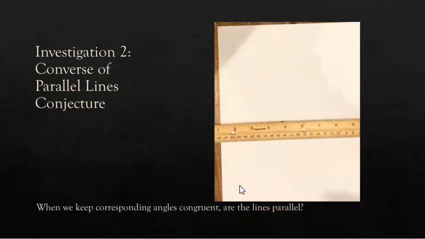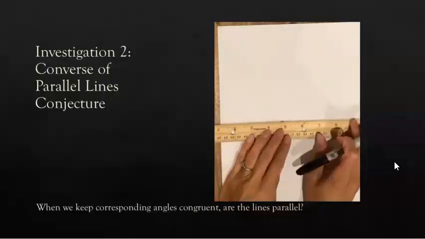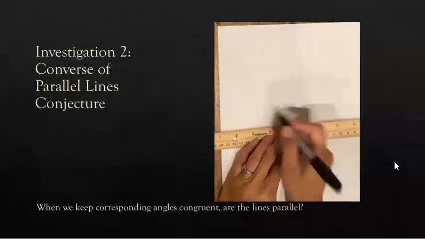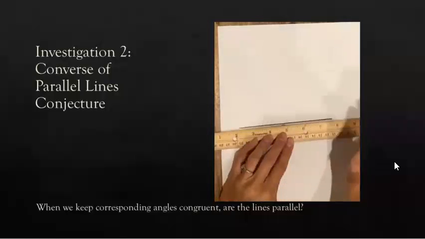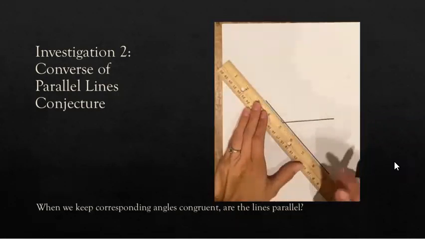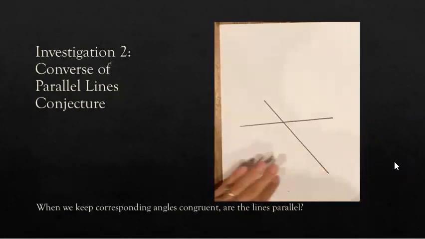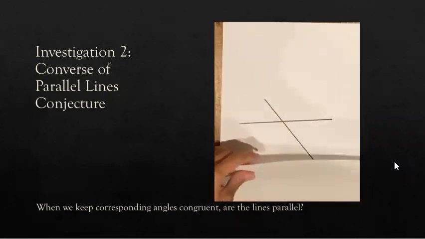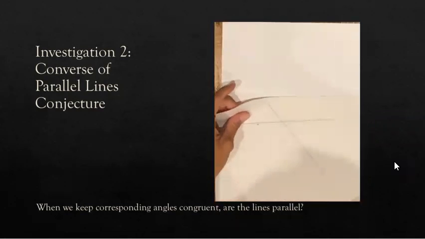We're going to need paper, a straight edge, and our tracing paper. We're going to start by just drawing 2 lines that intersect. One of them will be our transversal. We're going to put our tracing paper on top, and we're going to trace these 2 lines.